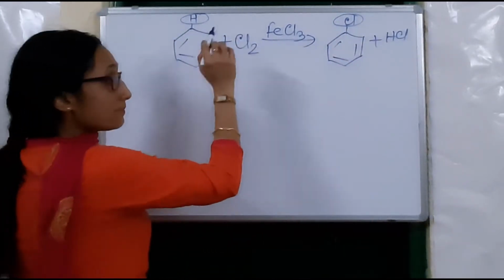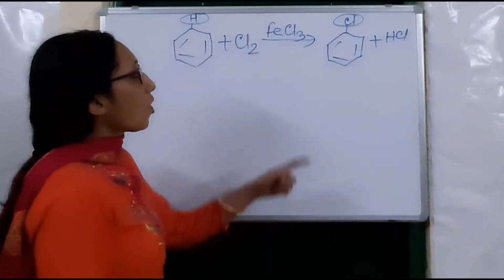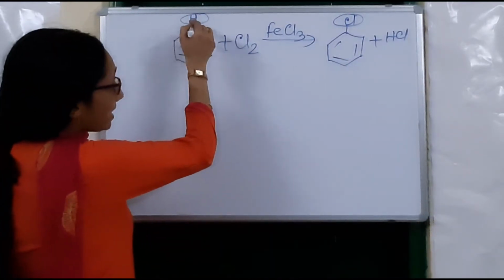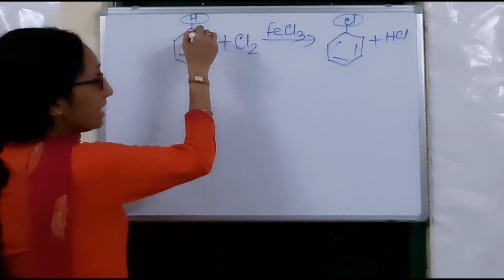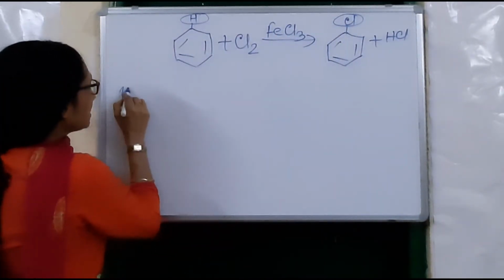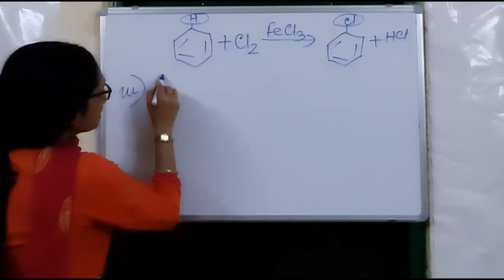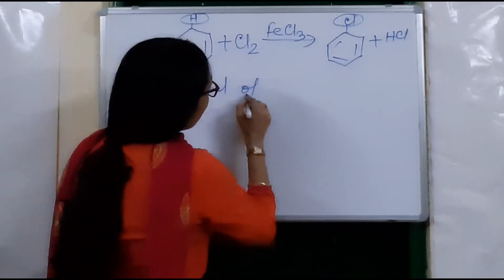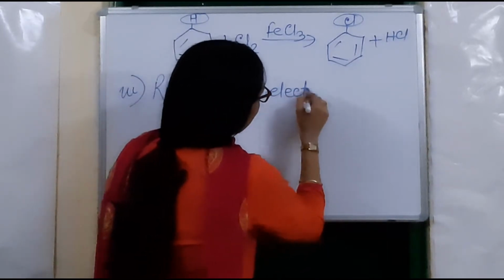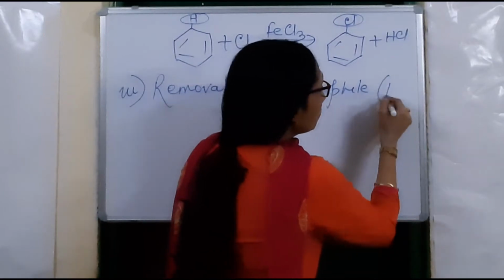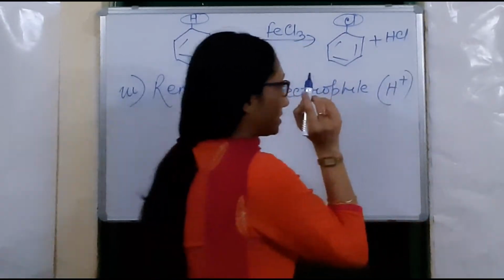So it is a substitution reaction. Now what is it? Electrophilic substitution. Because H plus, that is electrophile, is substituted by Cl plus. So the third step involves the removal of electrophile. So in our case, it will be removal of H plus.